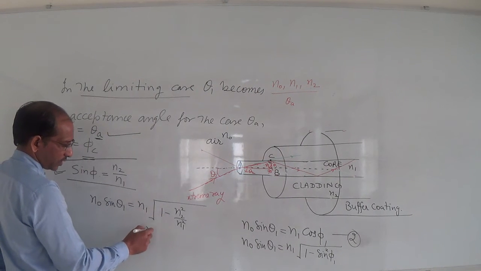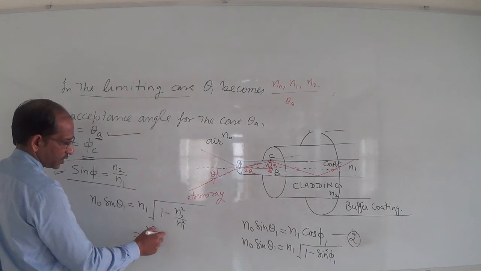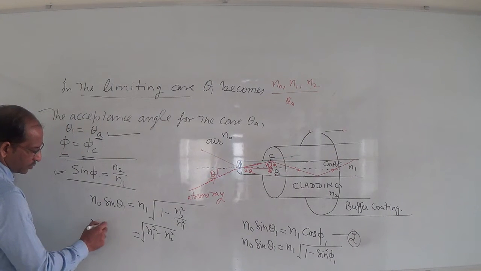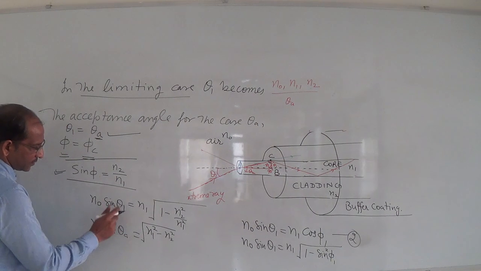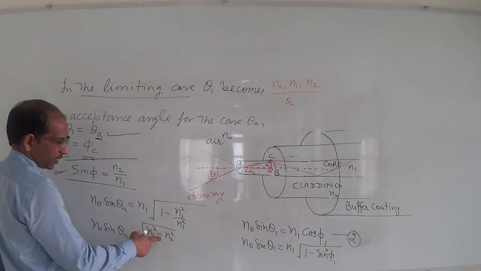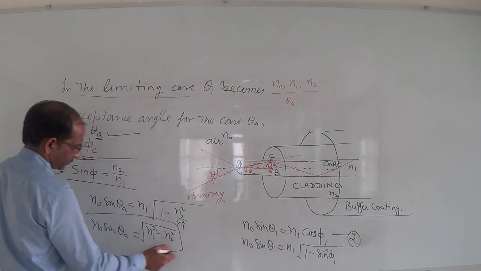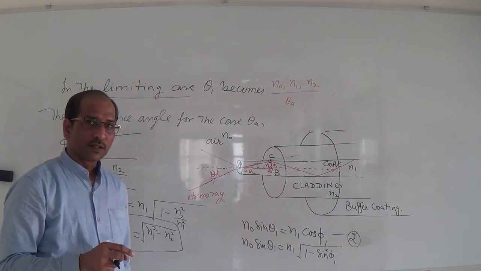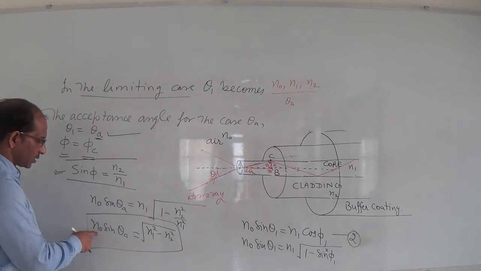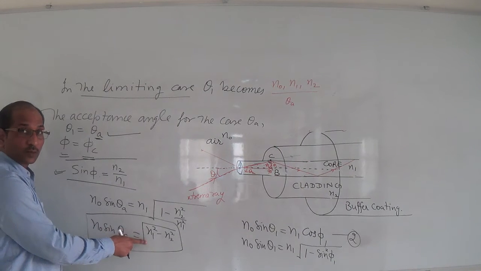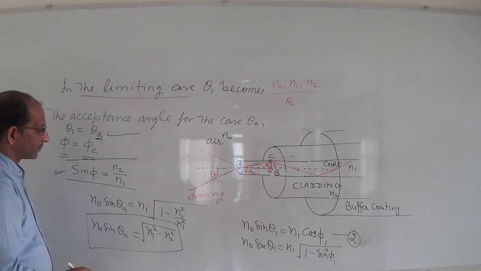So you have only the square root of n1 square minus n2 square. So n naught sin theta a is equal to square root n1 square minus n2 square. From this mathematical derivation we have obtained this result, that n naught sin theta a is equal to square root n1 square minus n2 square.